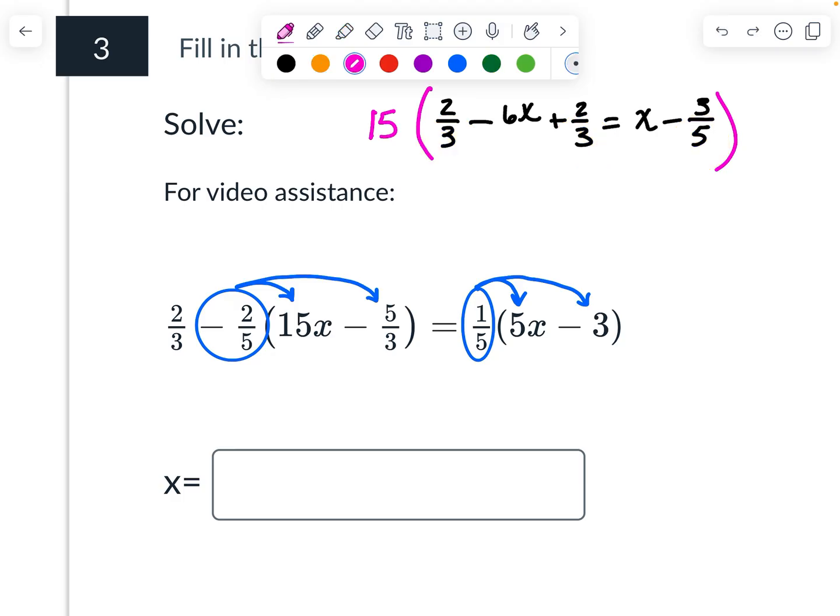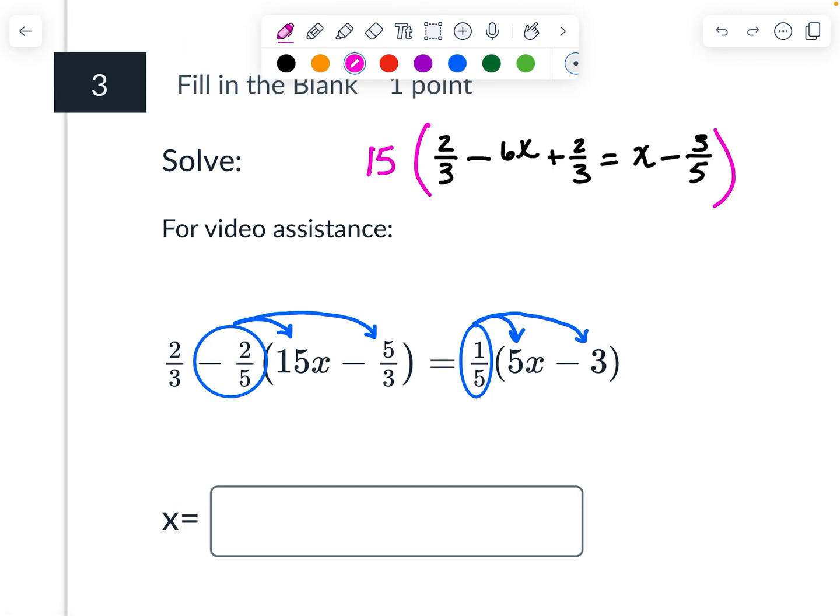So when I multiply by 15, 15 divided by 3 is 5. And if you're not sure about that, type 5 times 2/3 in your calculator and it will give you 10, which is what we're going to get in the next step. This is going to get multiplied by 15 because in theory it has a denominator of 1. And 15 divided by 1 is 15. 15 divided by 3 is 5.